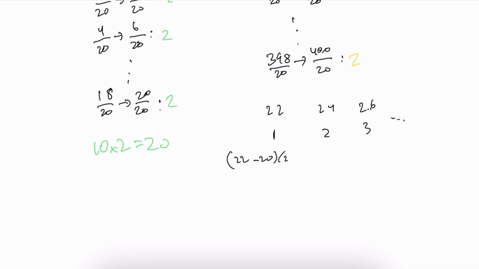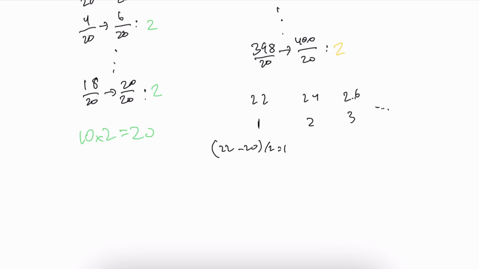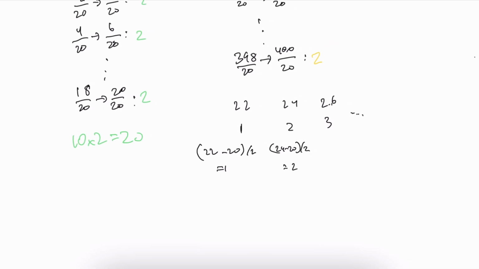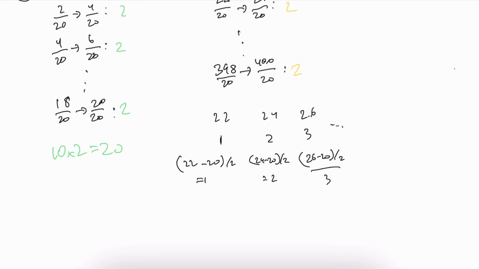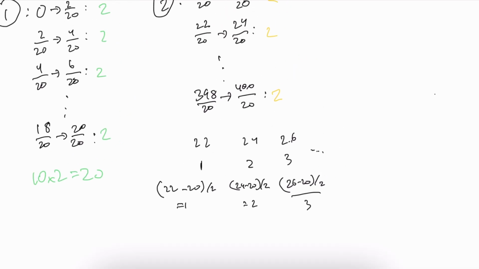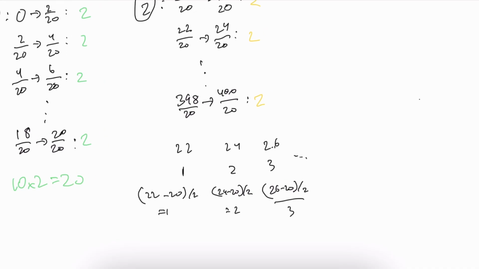So minus 20 and divide by 2 will be equal to 1. 24 minus 20 divided by 2 will equal 2. 26 minus 20 divided by 2 will equal 3. So that's exactly the mapping we want to get the number of periods.